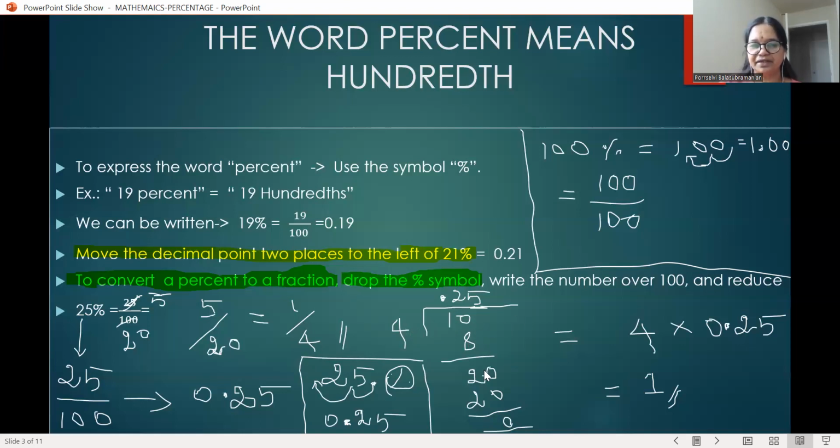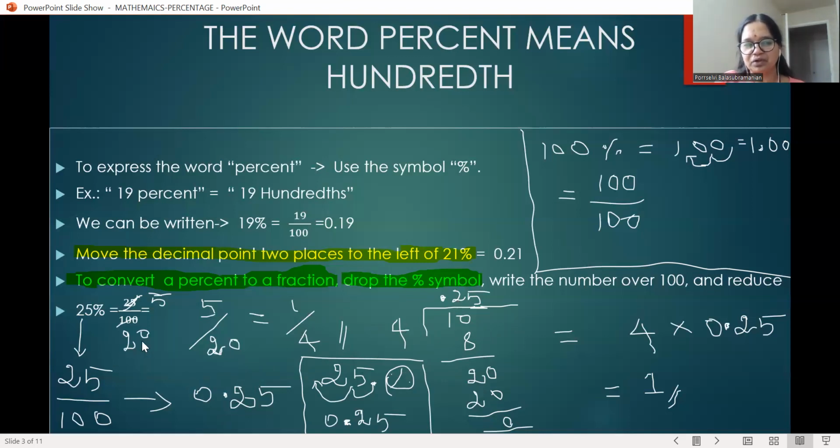The remainder is 2. In 2 you cannot divide by 4, so you add 0. In 20, how many 4s are there? 5 times 4 is 20. So you get 0.25 at the end. Now you can check that 1 by 4 is the correct value. That means 0.25 is the correct value.